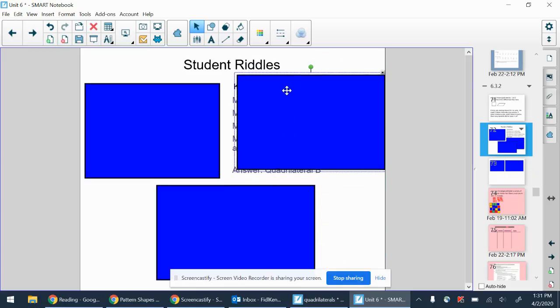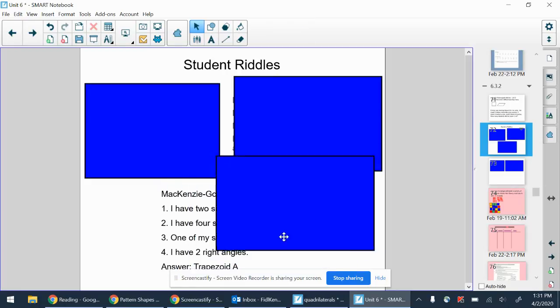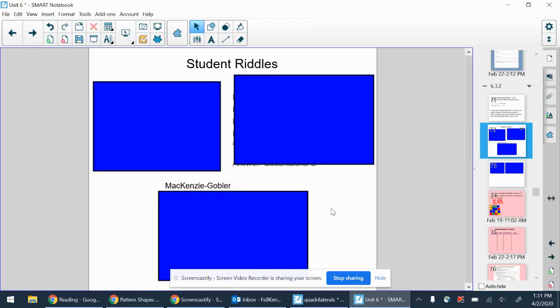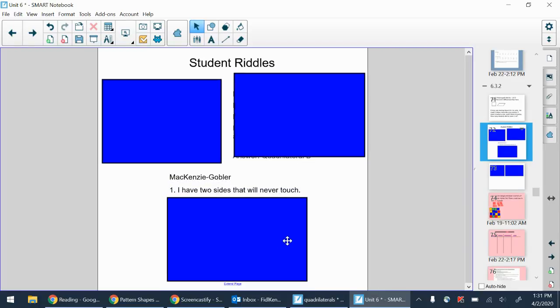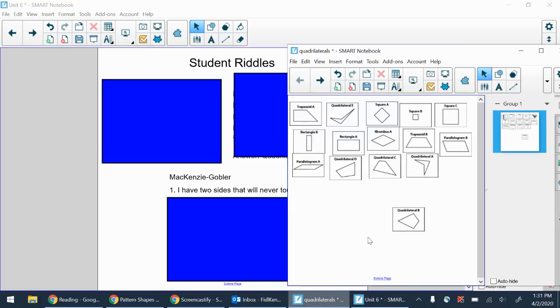Good job. All right, riddle number 3. This is from McKenzie in Mr. Gobler's class. All right, let's see what we got. I have 2 sides that will never touch. Now, based off of that, it sounds like she's talking about parallel lines, because I know parallel lines will never touch each other.